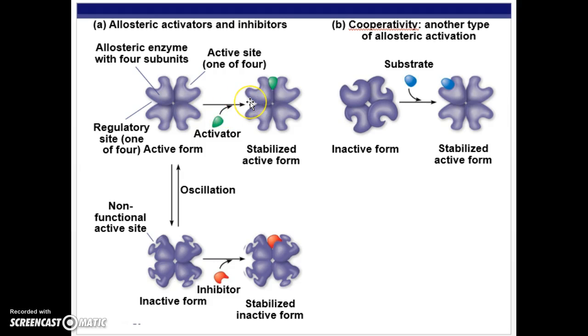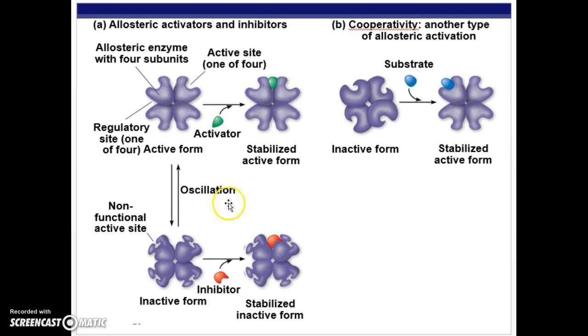Because instead of binding to the active site, it's binding to a different allosteric site, which is why it's called an allosteric activator. And so in this case, it sets the entire enzyme into a set structure that's able to easily bind the substrate. It's stabilized into an active form.